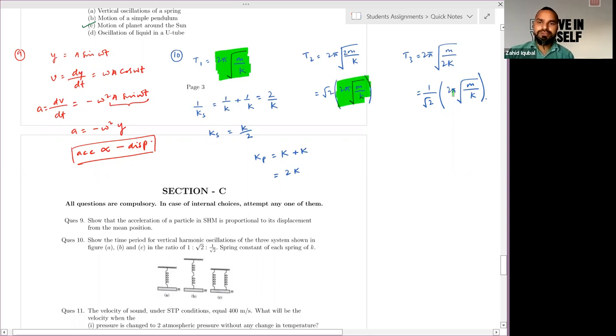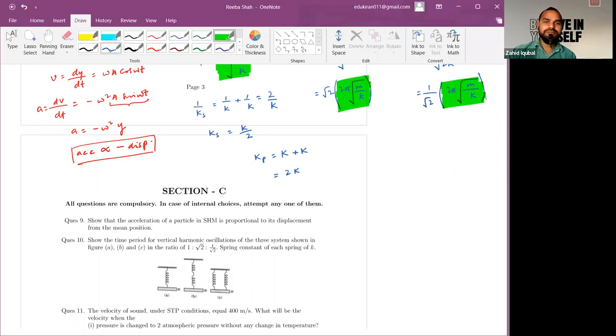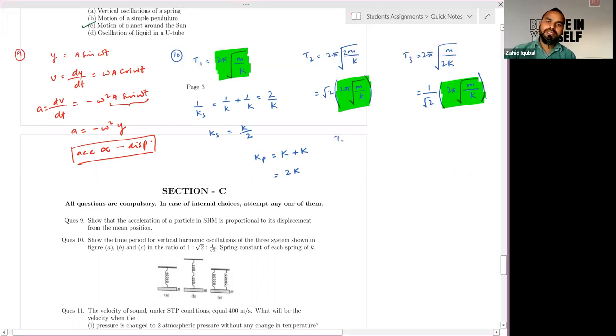So if you take the ratio of T1, T2, and T3, you will get T1, T2, T3 equals, first one is 1, second term we have root 2, and third term we have 1 by root 2. So this is the required expression you have to derive.